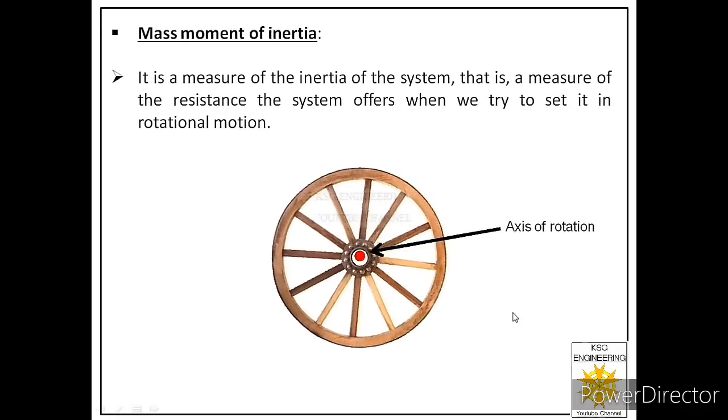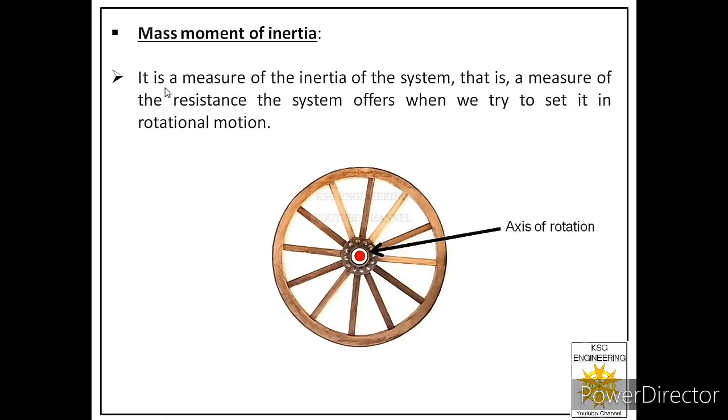We will start with the definition of mass moment of inertia, and we are quite familiar with this definition because at the start of this topic we learned about moment of inertia. So let us read the definition again. It is a measure of the inertia of the system, that is a measure of the resistance the system offers when we try to set it in rotational motion.